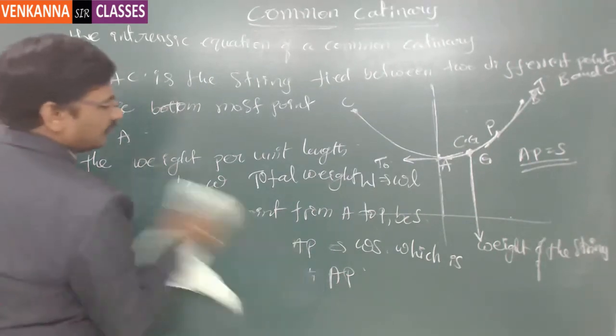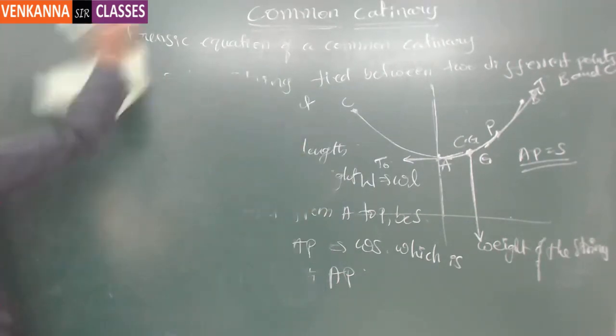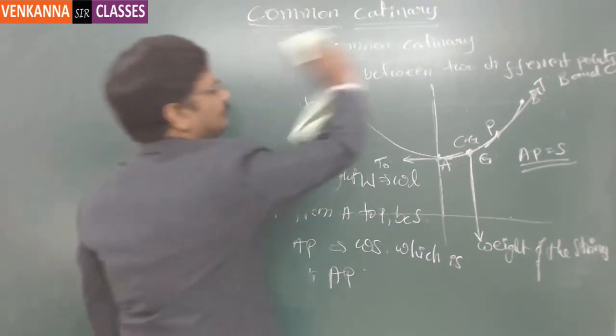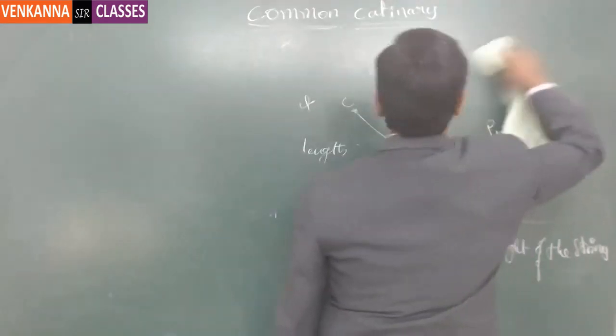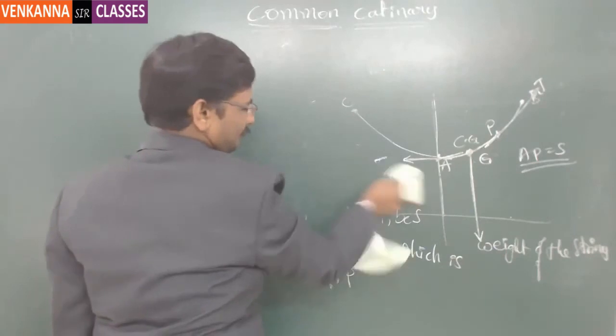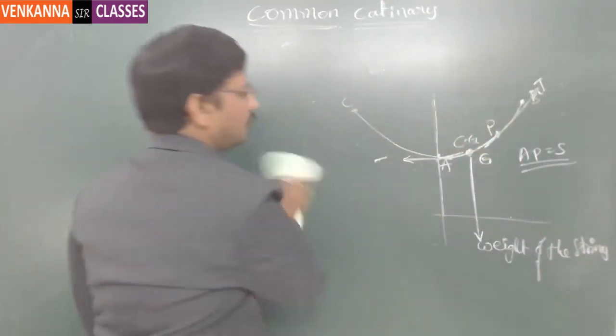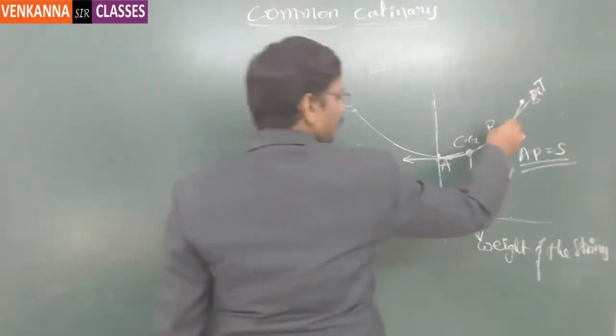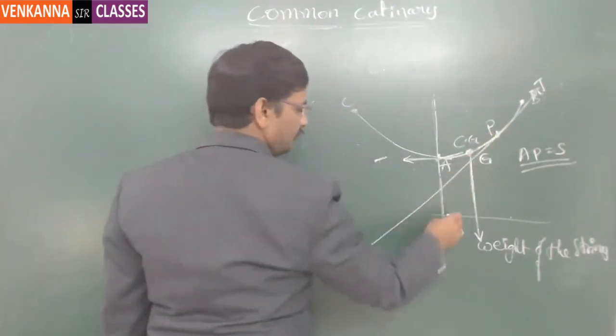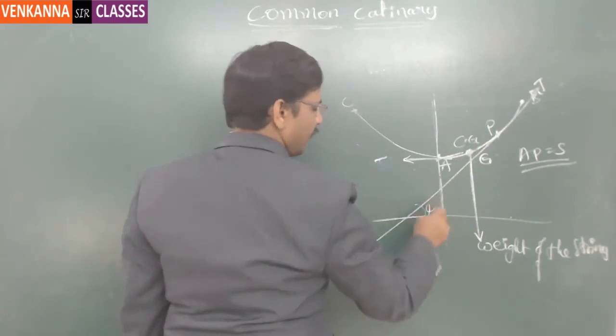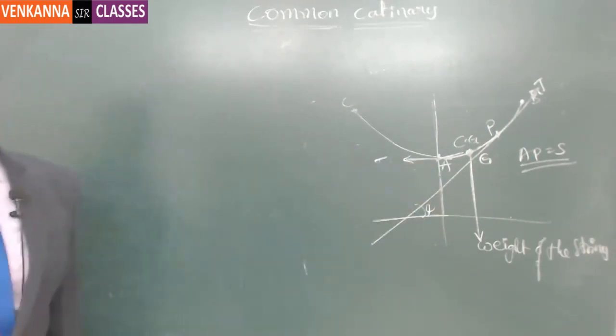Now we have to write the equilibrium conditions for this. If you notice this T, if I extend it like this, somewhere it will definitely touch the x-axis with an angle of psi, right?